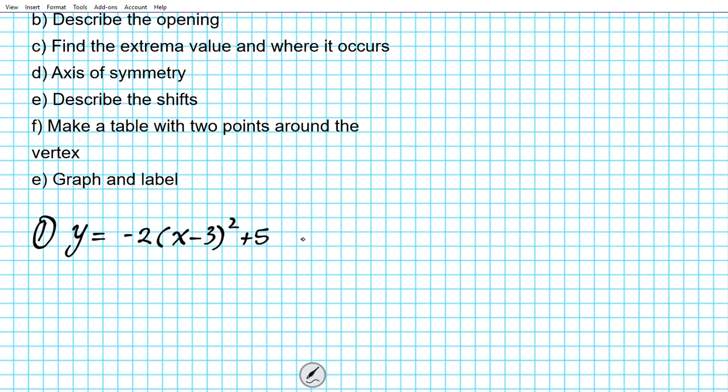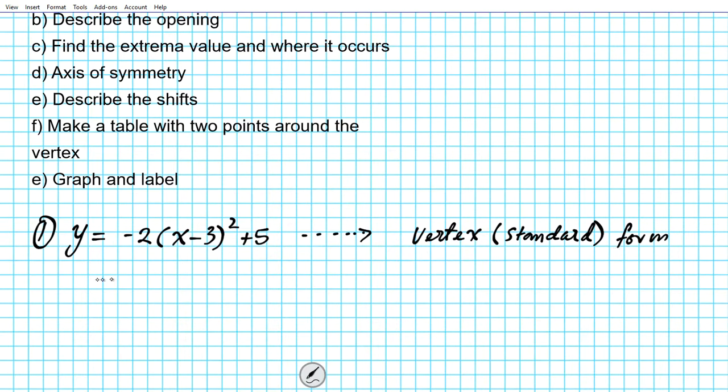Let's identify the form first. This is known as the vertex or standard form. Some textbooks refer to this as the vertex form, some others refer to it as standard. So we'll refer to this as the vertex or standard form of the equation of a quadratic.